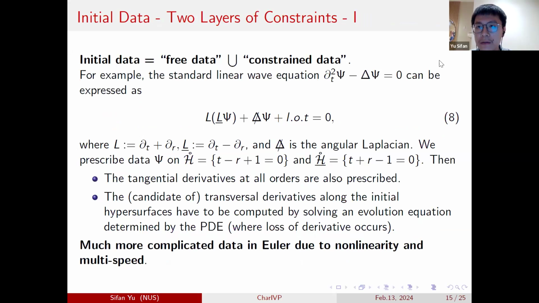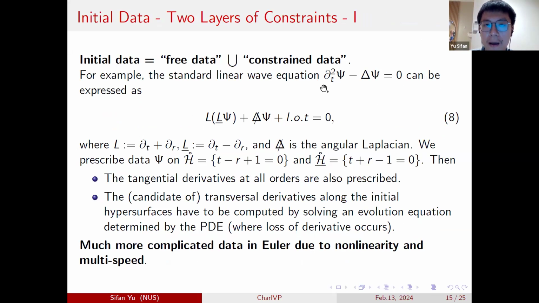At this stage, I think it's a good time to start investigating the initial data set. I want to use this example. Again, this is not the Euler equations, just the standard linear wave equation, but it gives rich insight into what we have to do if we want to pose the initial data on characteristic hypersurfaces.